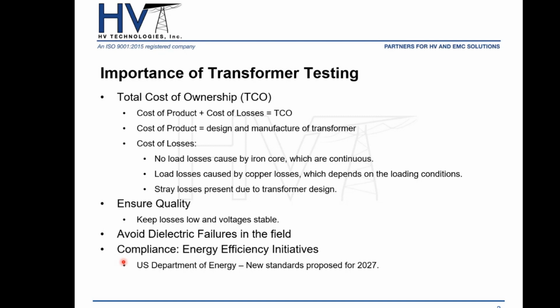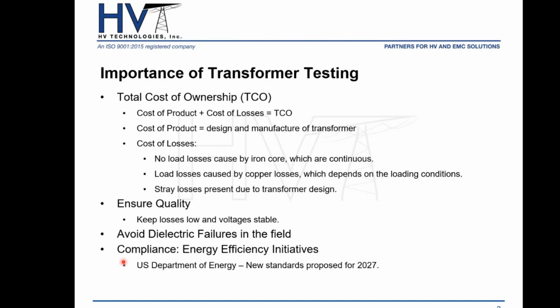So as far as total cost of ownership for the customer, you have the cost of your transformer, which is your design and manufacture of the transformer that goes into that. And then you have your costs associated with losses, and losses are inevitable when we talk about transformers. We have losses caused by the iron core, which are continuous. We have copper losses, which depend on the loading conditions.